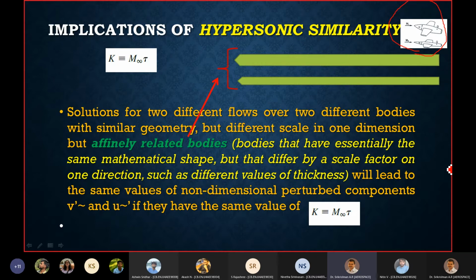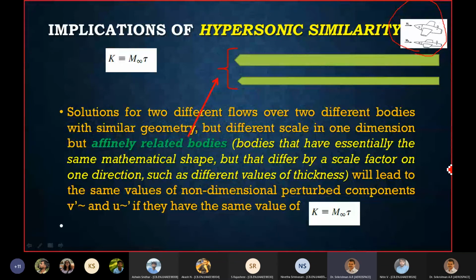Keep in mind, I'm not saying that the velocity will be the same. I'm not saying that u velocity will be the same, or v velocity will be the same. I'm saying that the non-dimensionalized form, that is u bar by v infinity, etc., will be the same. So the non-dimensional velocity field will be the same if both are exposed to flow conditions where M infinity into tau is the same.